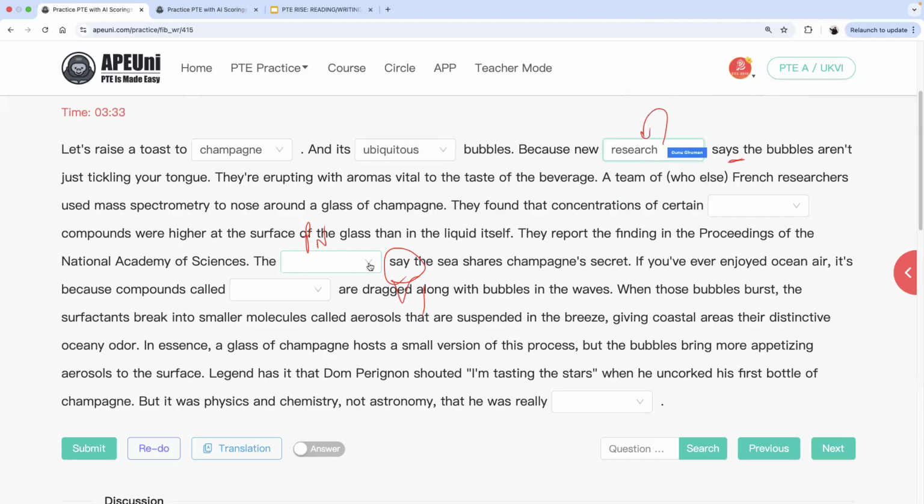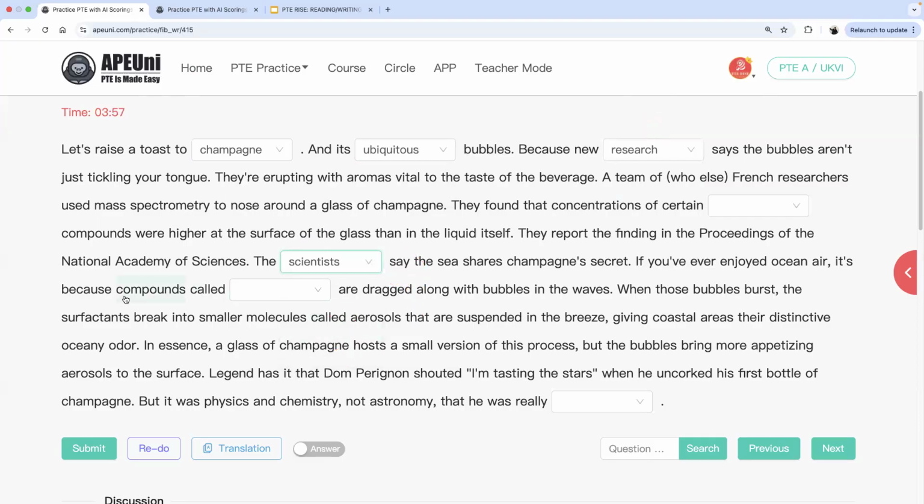Now it's going to be plural. Two of them are not plural. So we've said the scientists say or the revivalists say. Easy again. Scientists. They're finding now. They're doing the research.